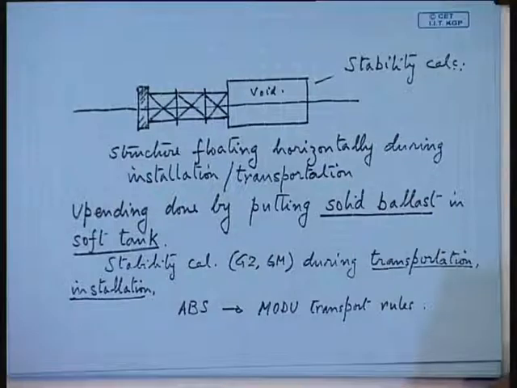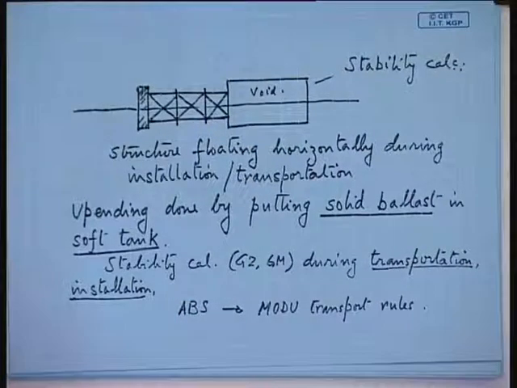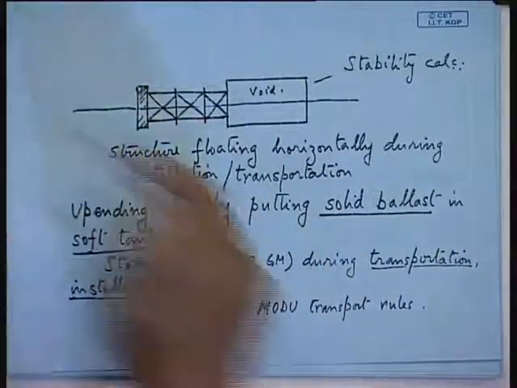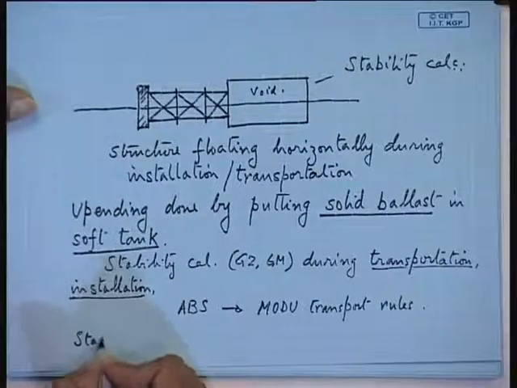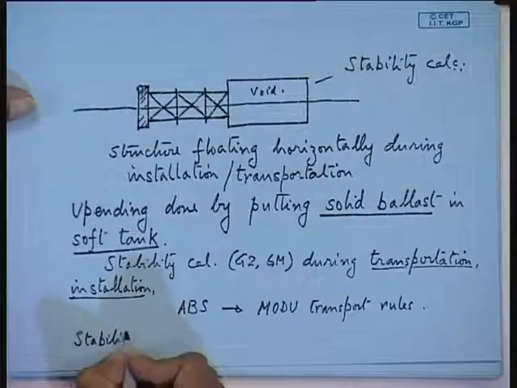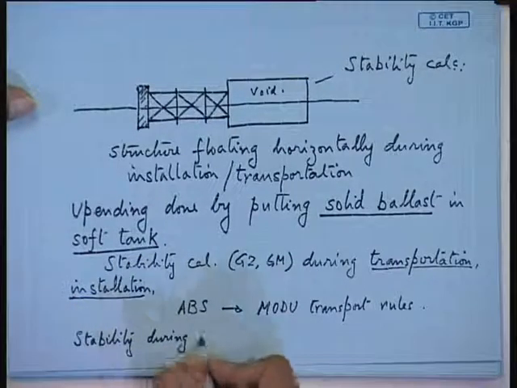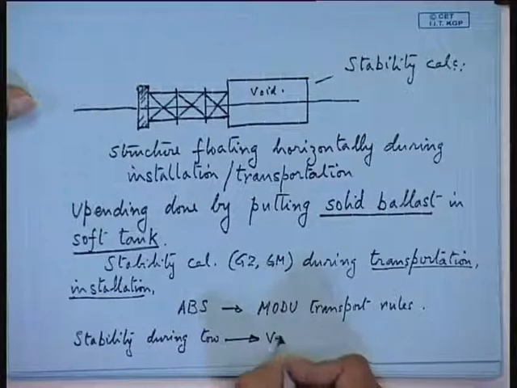The other part that will come is how do you transport a semi-submersible or a TLP. So, towage, stability during tow is a very important consideration. But here you have to find out vessel motions.